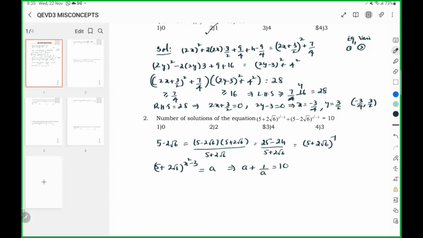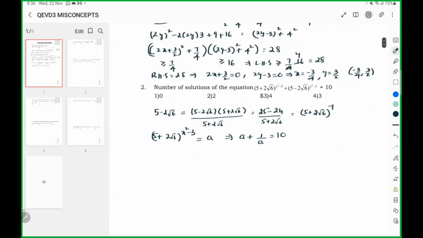generally what happens, if you see this problem, immediately you will not get an idea. Sometimes you may miss some of the solutions. So to get all possible solutions, we have to solve in a systematic procedure. Here it is a square minus 10a plus 1 equal to 0.